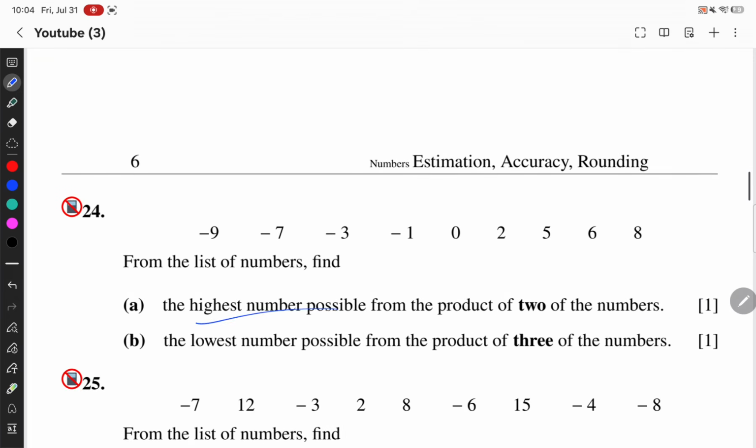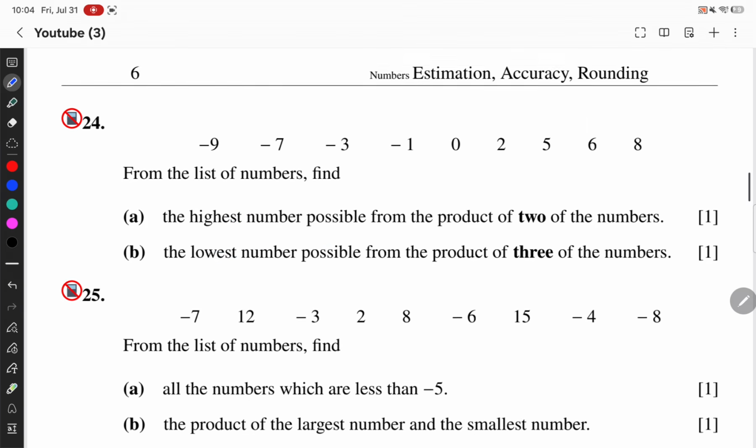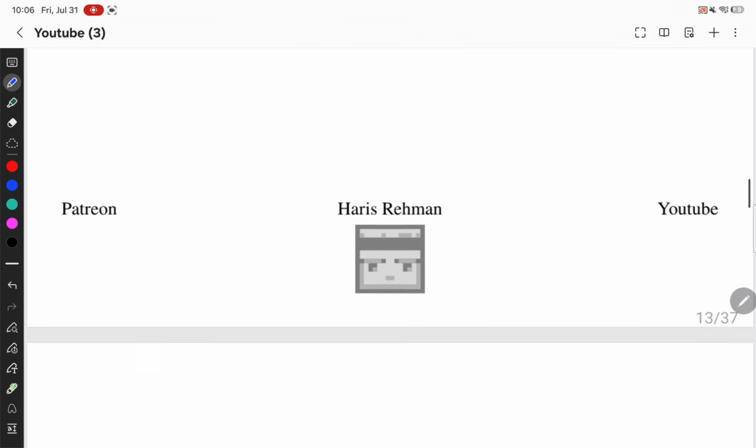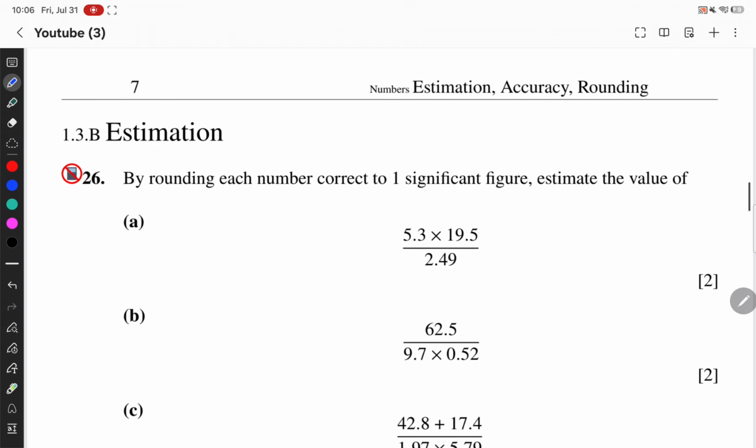Product of two numbers. Now you have to be very smart about this. I do not want you to waste your time doing every computation, every pair. So you have to be a little smart about this. I want you guys to time how long it takes to figure out the answers. Estimation. How do we do estimation?